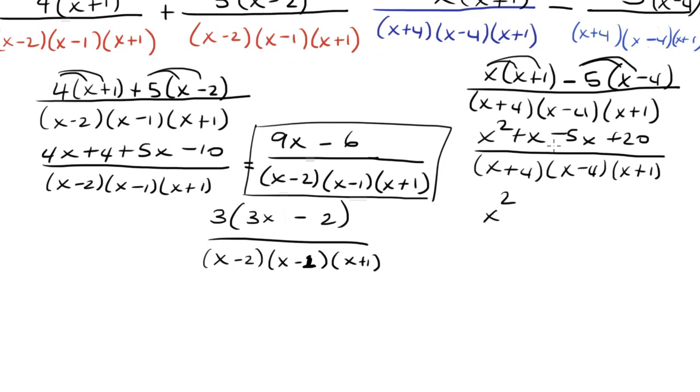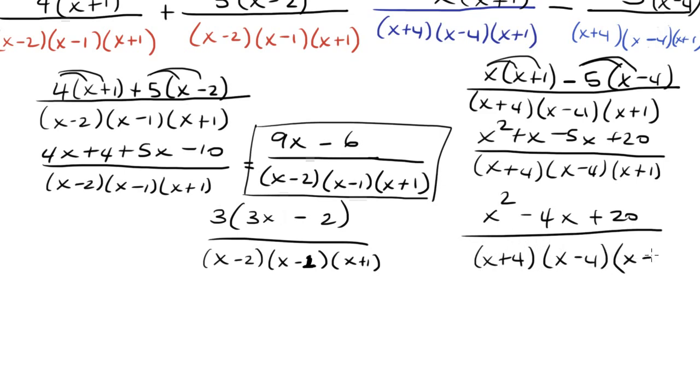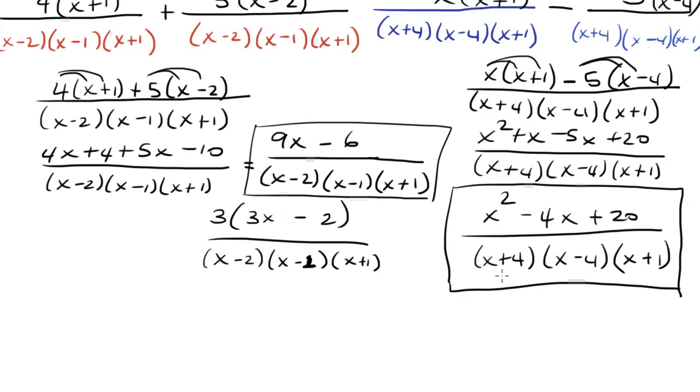X squared, x minus 5x is minus 4x, plus 20 over x plus 4, x minus 4, x plus 1. Can we factor this? 2 factors of 20 that multiply to give you 4? I don't believe so. Here's our final answer.